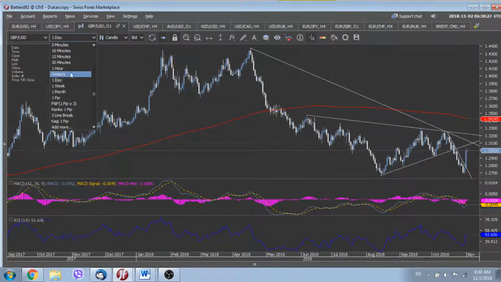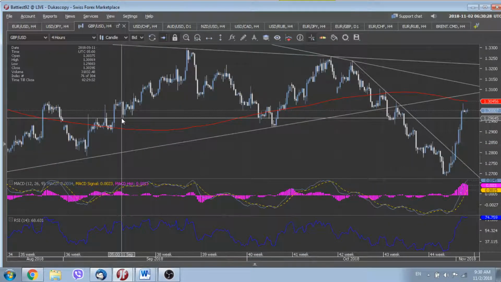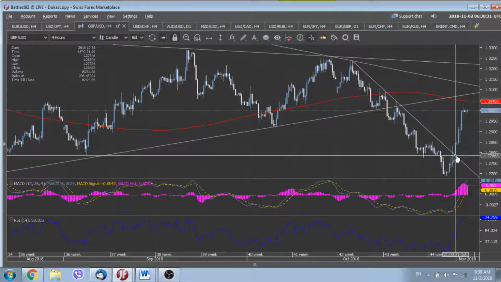As you could see on the 4-hour chart, now we're speaking about technicals, we broke above the immediate bearish downtrend line in the pair. Yesterday this pair lay around 1.2780.